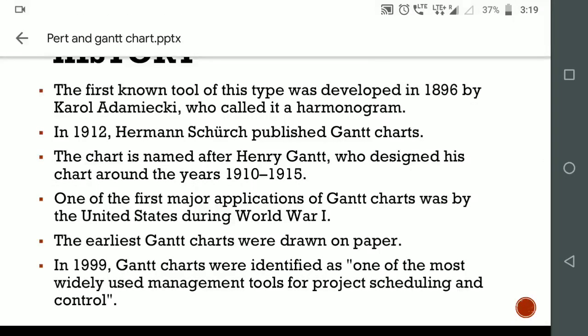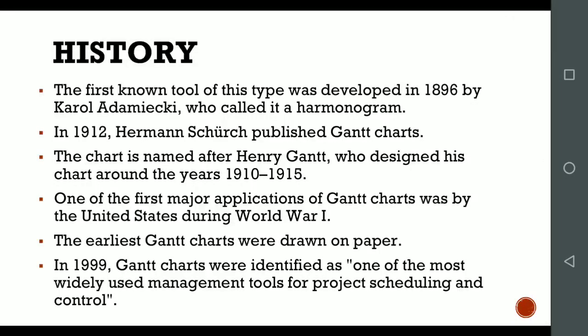So here's the history of the Gantt chart. The first known tool of this type was developed in 1896 by Karol Adamiecki, who called it the harmonogram. I already told you previously that the Gantt chart was earlier named the harmonogram.